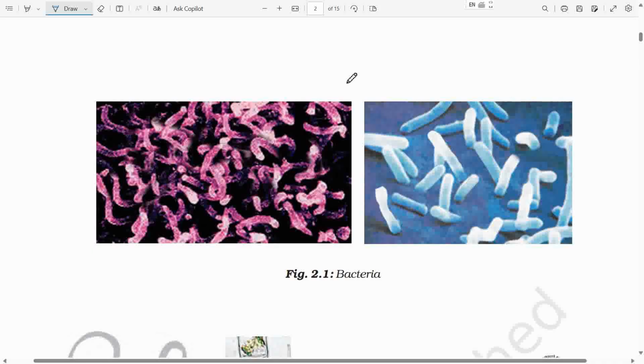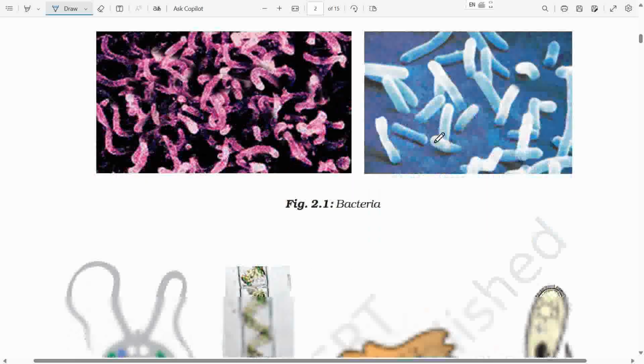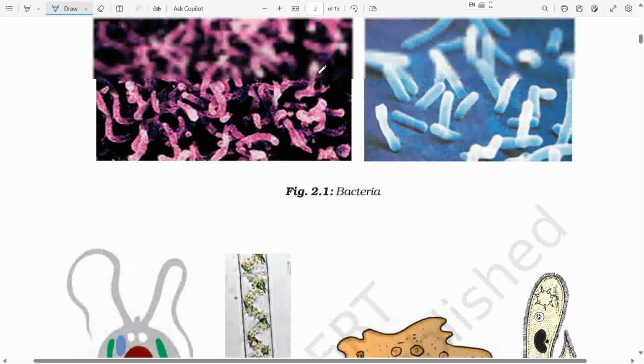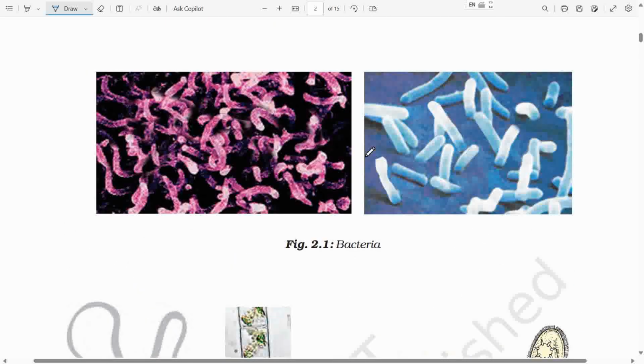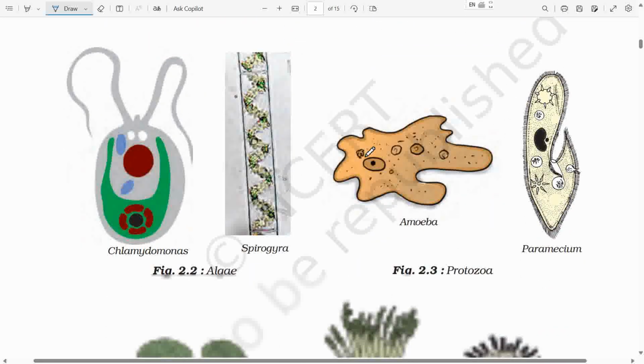Page 18. Figure 2.1 shows bacteria. In figure 2.1, you can see how bacteria look. Figure 2.2, algae. 2 types of algae can be seen. First is Chlamydomonas and second is Spirogyra.